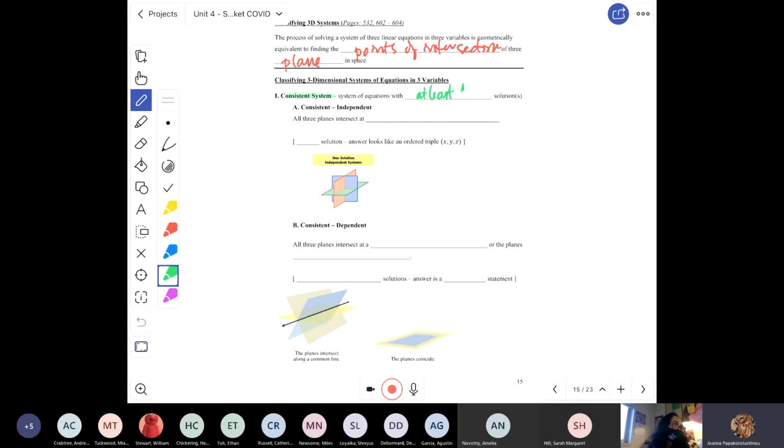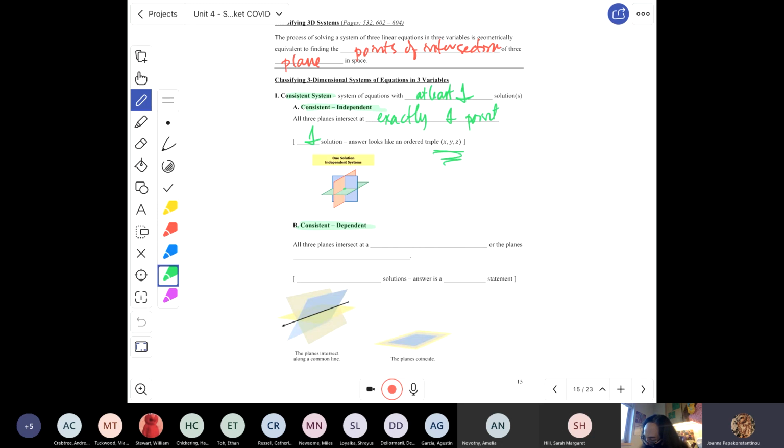If one solution exists, the system is consistent. But there's different ways that they can be consistent. Remember, they can be consistent independent, or they could be consistent dependent. Consistent independent means all 3 planes intersect in exactly one point. There's one solution, and the solution is in fact an ordered triple.